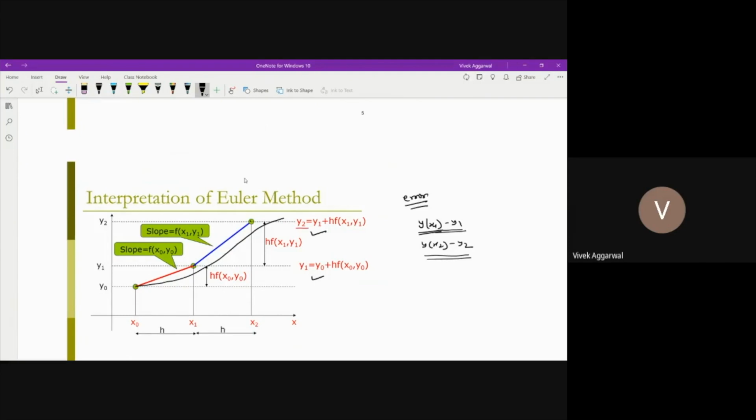Then you can see that this is the error we are getting, and here this is the error we are getting. But if your solution is linear, then definitely it is going to follow this line, and there is no error. But if your solution is not linear, then definitely we are going to introduce some error.